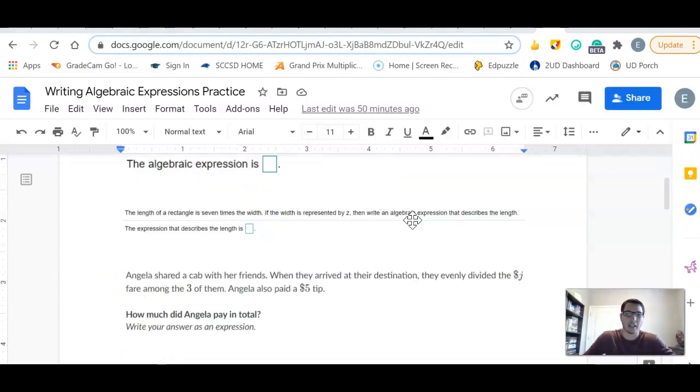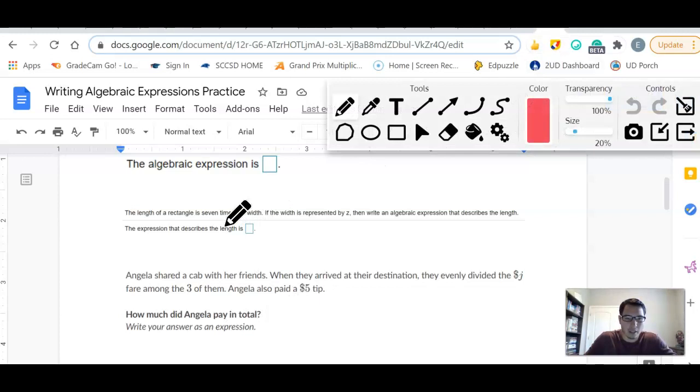H increased by 4. Why don't you go ahead and give this one a try on your own? Okay, the length of a rectangle is 7 times the width. If the width is represented by z, then write an algebraic expression that describes the length. All right, so the things that we know are we are 7 times the width, and the width is represented by z.